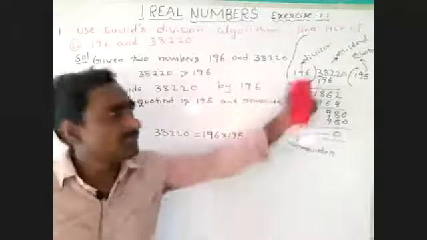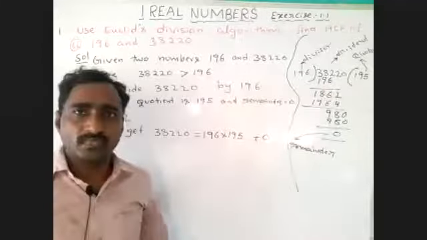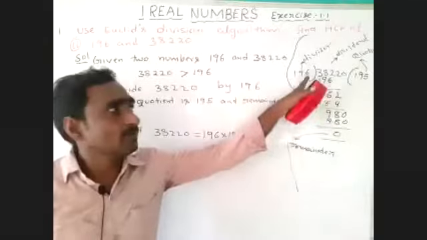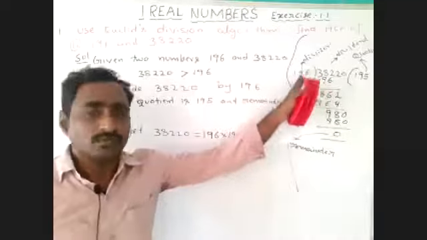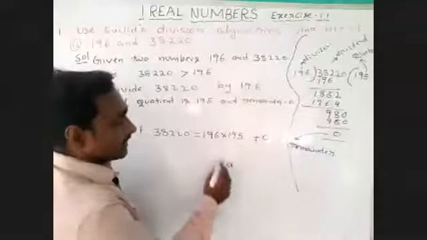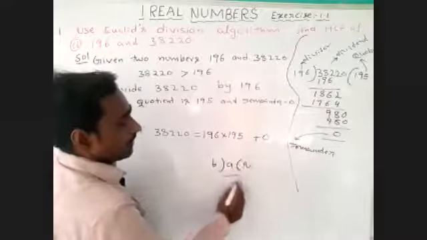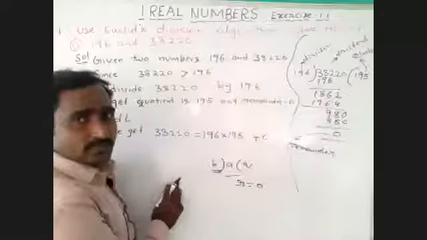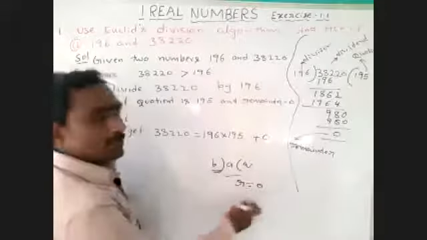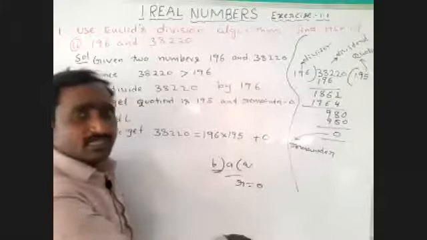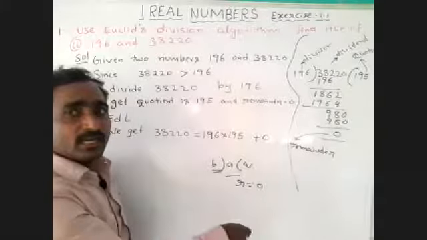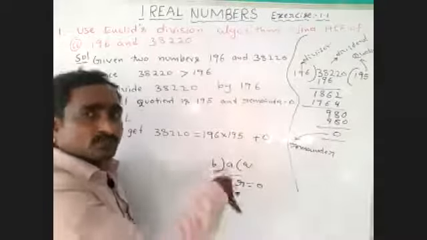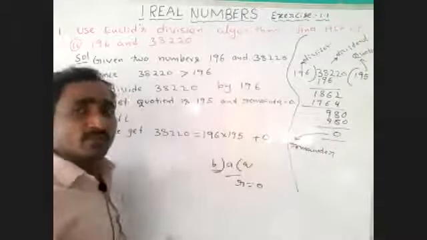Then the divisor is the HCF of the given two numbers. Suppose A is divided by B, the remainder R is 0, then the HCF is B. If R is not equal to 0, then this process is continued till the remainder becomes 0.